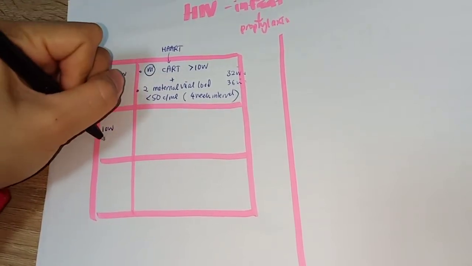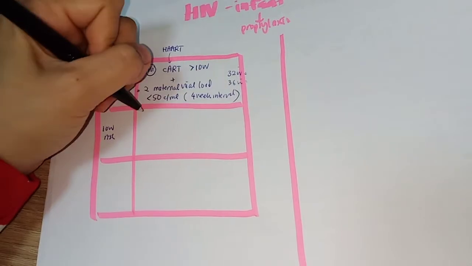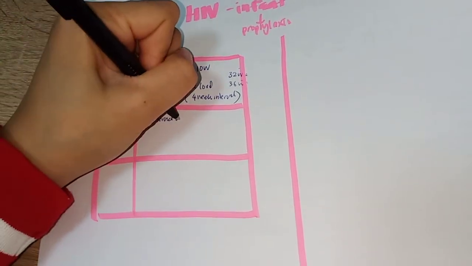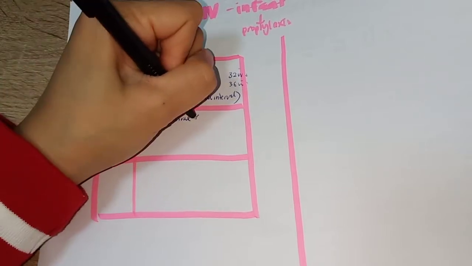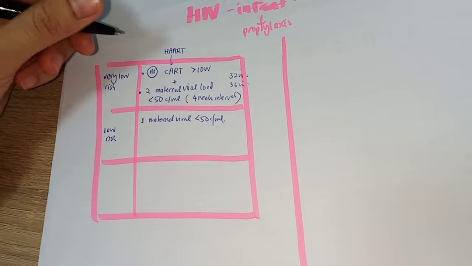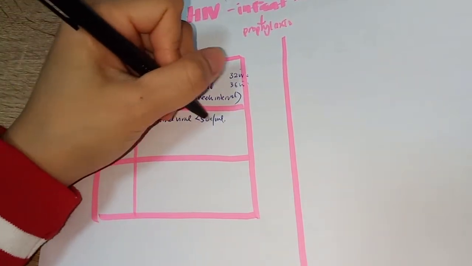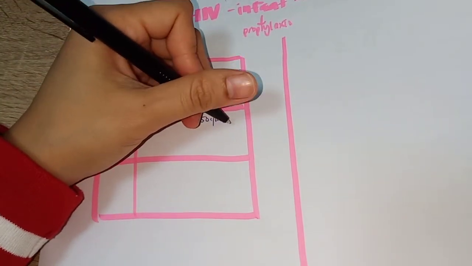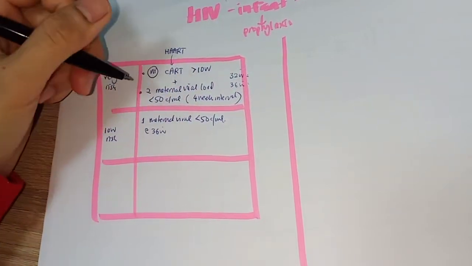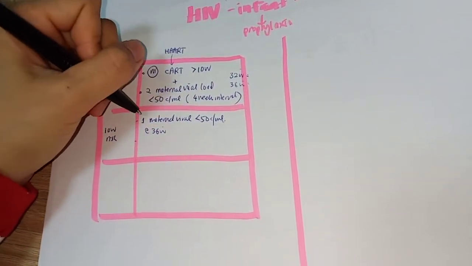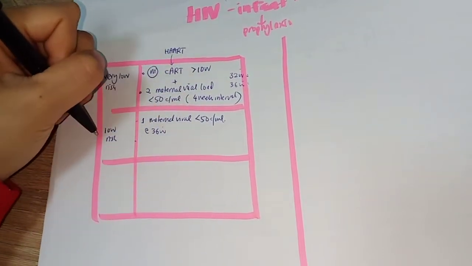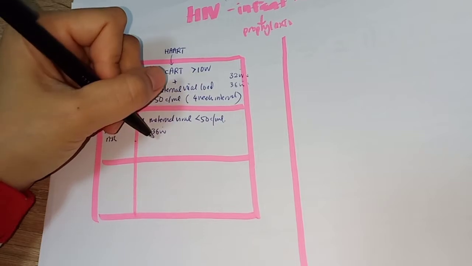Low risk group: one maternal viral load less than 50 copies per mil, and also less than 50 copies per mil at 36 weeks, or if born prematurely, still less than 50 copies, then it is also considered a low risk.